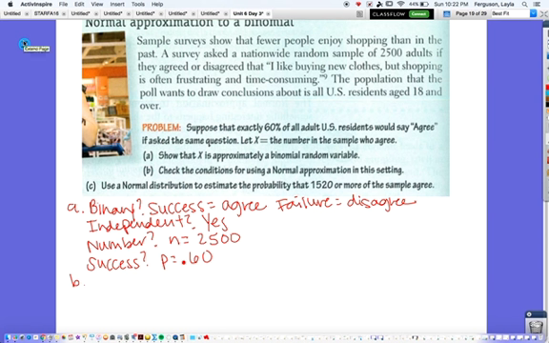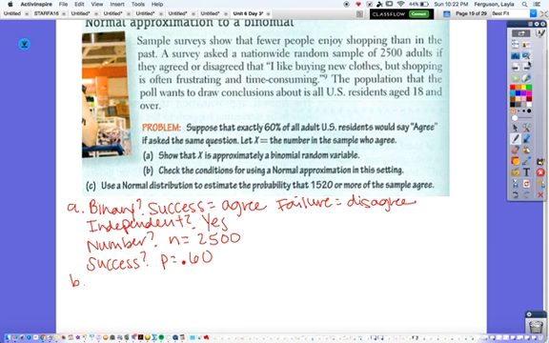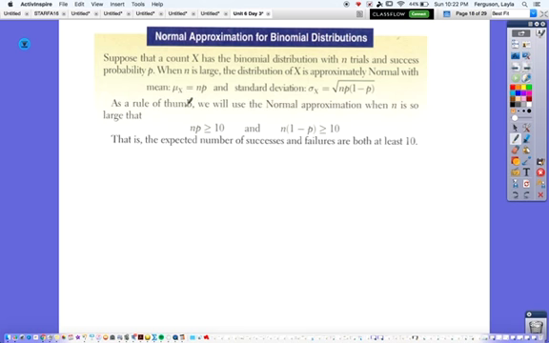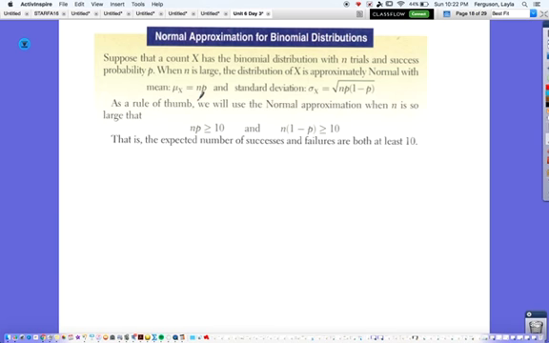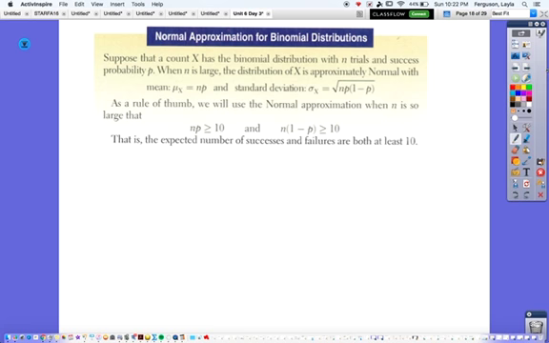For B, it asks to check the conditions for using a normal approximation in this setting. What we would do is check what our mean would be and what our standard deviation would be, and we have to make sure that both of those are greater than or equal to 10.